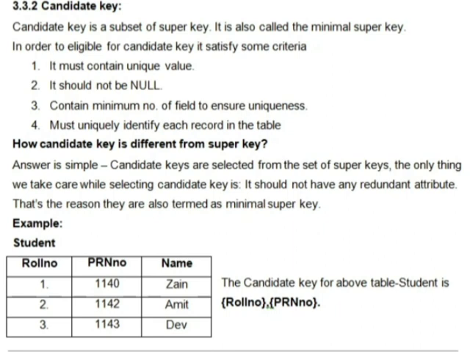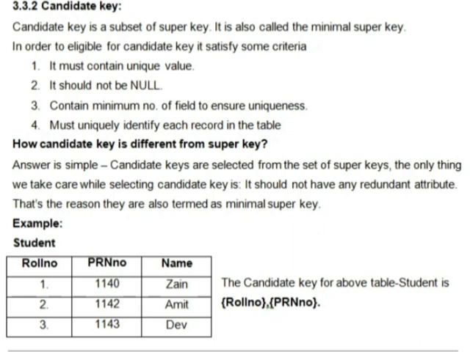Now, how is the candidate key different from a super key? Candidate keys are selected from the set of super keys. In the very first step, we identify all the super keys, and then we pick the keys from the super keys which satisfy these four criteria, and we put these attributes under the category of candidate key.